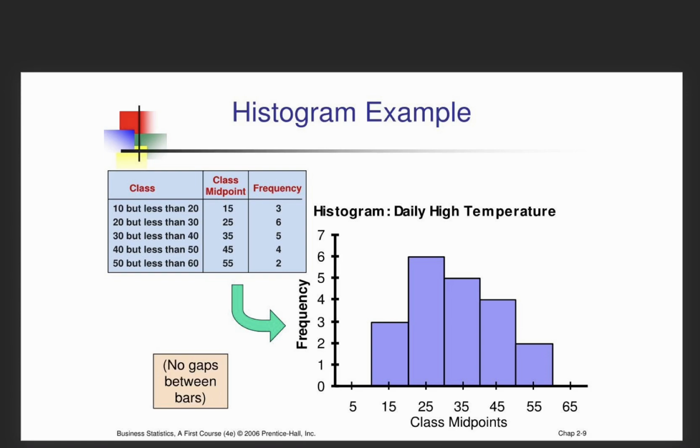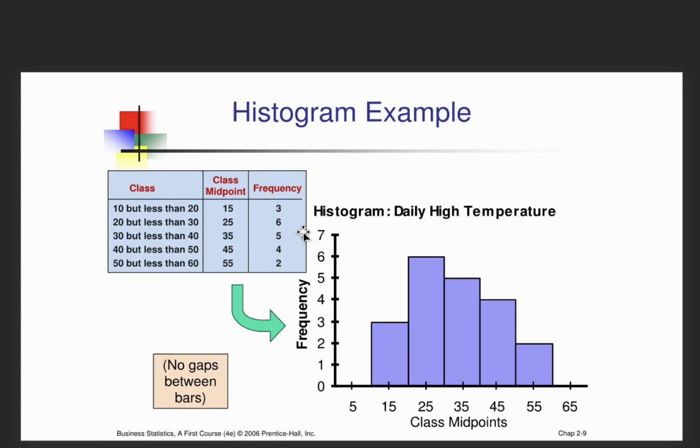Again, you arrange the data from smallest to largest. The smallest data value might be 10, and the largest is 60. And you decide on class intervals of equal length. And you count up, and you should have 4 or 5 or 6 class intervals.